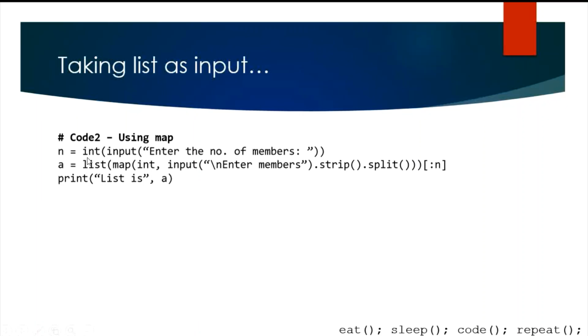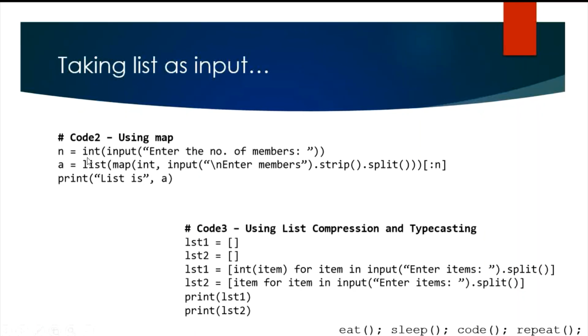This is the second method, and the third method is using list comprehension or typecasting, we can say. Suppose I want to have two lists. First I initialize the first list, then I initialize the second list. Now the first list equals int(item) for item in input("Enter items") and then split wherever we have spaces.